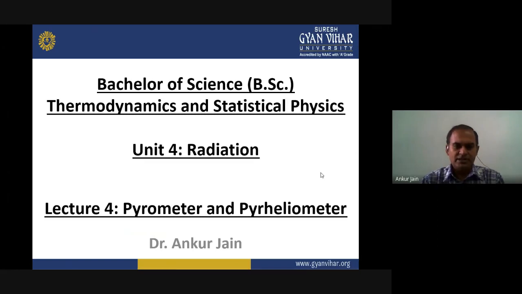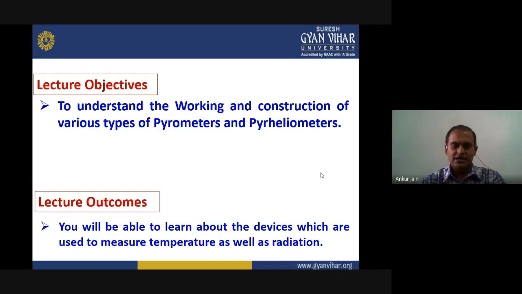The title of today's lecture is pyrometer and pyrheliometer. These are two devices which are used to measure temperature and radiation respectively. As the title shows, the lecture objective is to understand the working and construction of various types of pyrometers and pyrheliometers.